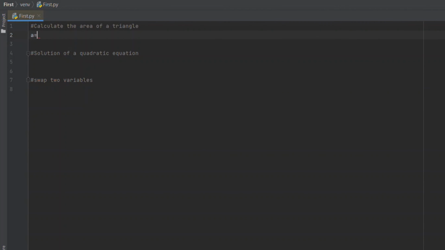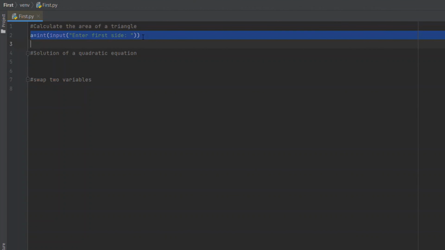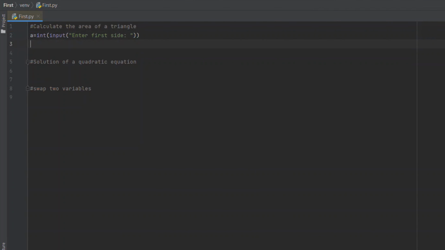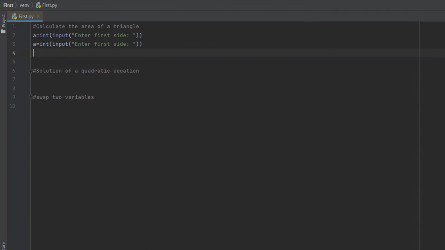For this, we will take user input for three numbers as the three sides of a triangle. Enter first side, a. Enter second side, b.